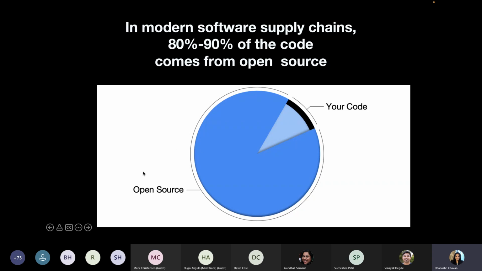This is because today, if you look at a modern software supply chain, 80 to 90% of the code comes from open source, and your code is really 10 to 20% because you want to go to market faster. There's no way you stop your team, and you shouldn't, from using open source libraries because they're going to help you accelerate software development. All you need to ensure is you're taking care of those vulnerabilities, of those risks that might be introduced when you're using these.